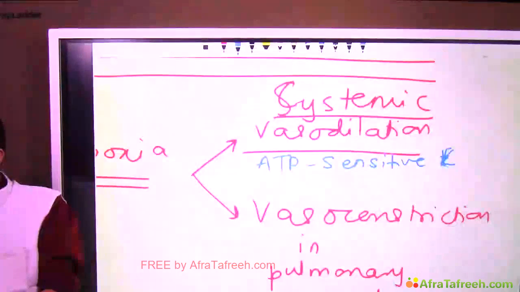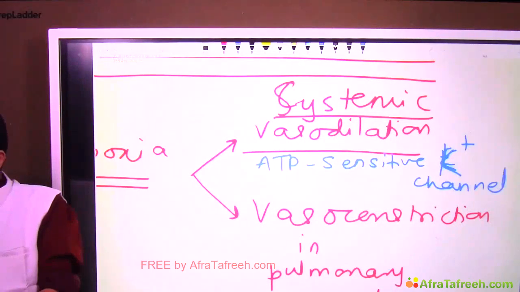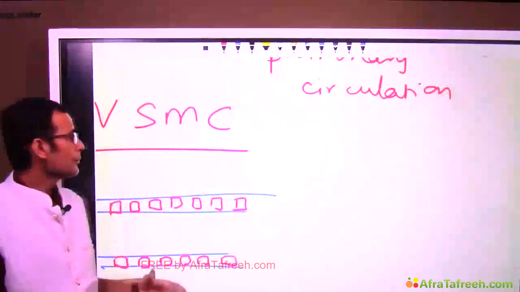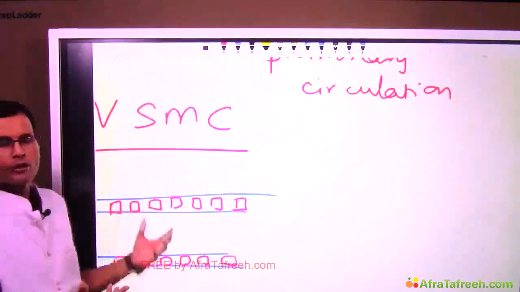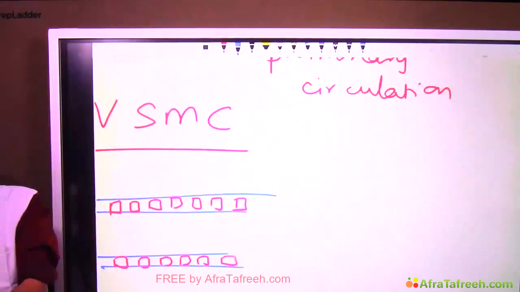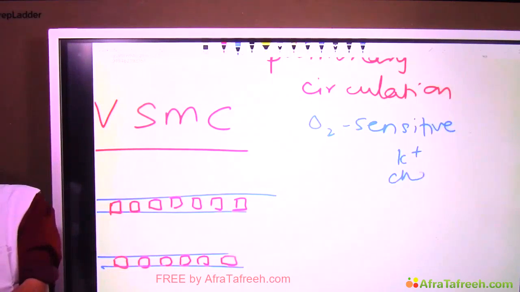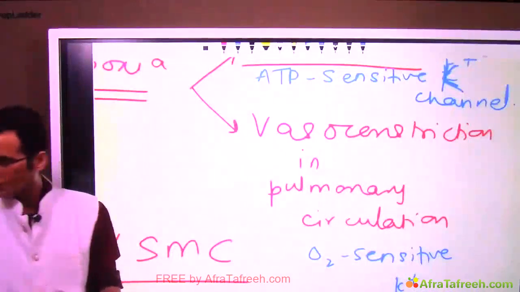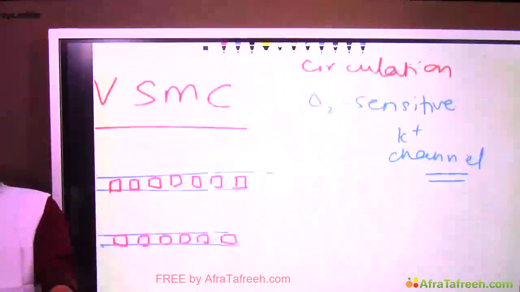And in the pulmonary circulation, in the lungs, that VSMC, vascular smooth muscle cell, its membrane contains O2 sensitive potassium channel, which leads to vasoconstriction in the pulmonary circulation. Let's understand why it happens like this.